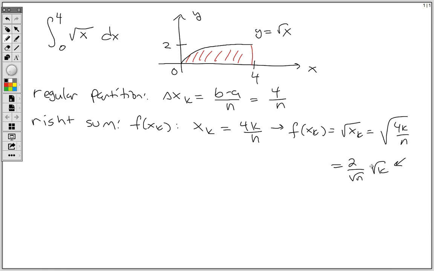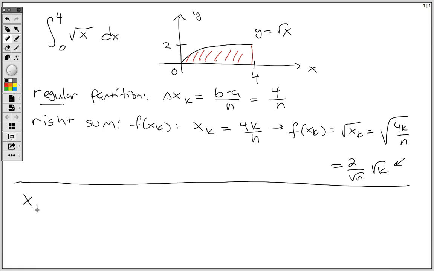All right, and so that would give us problems because we don't have any summation formulas for that. So instead of doing a regular partition, we're going to do a partition that isn't regular. We're going to have different lengths of the intervals. And so we're going to let x sub k be perfect squares, 4k squared over n squared, where k equals 1 up to n.